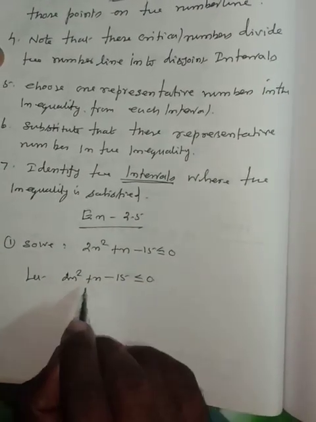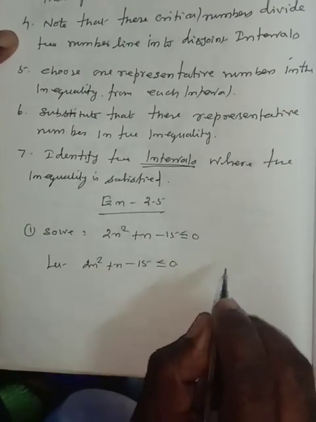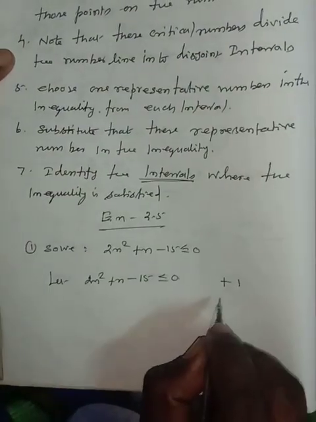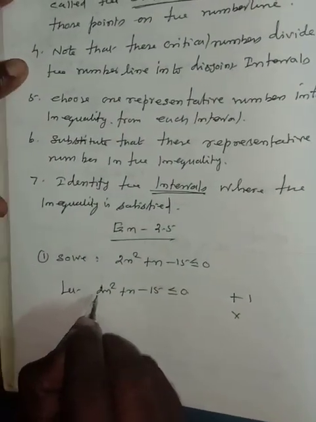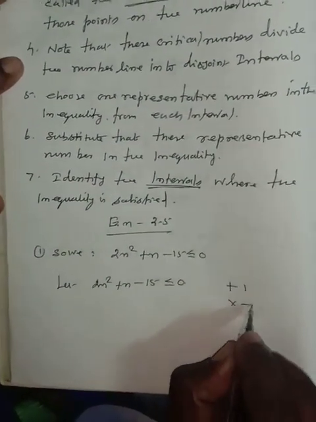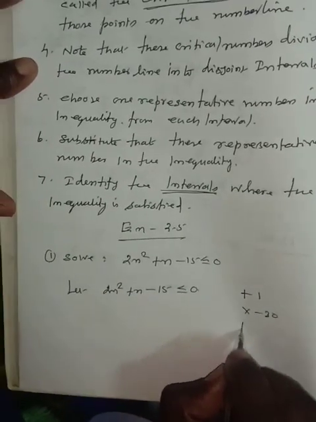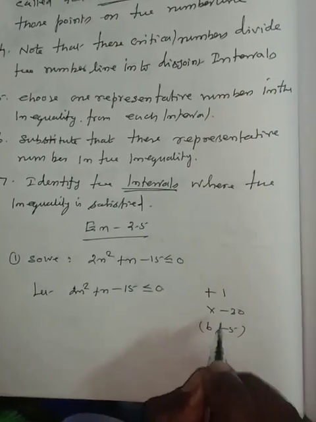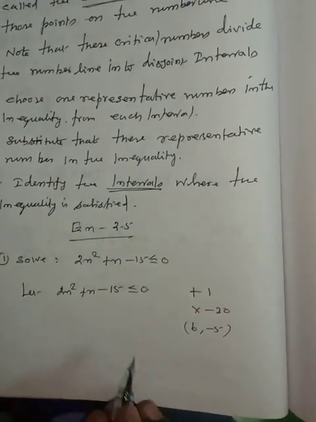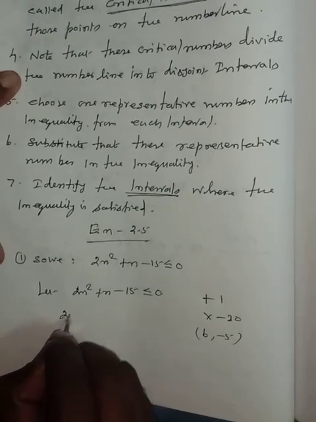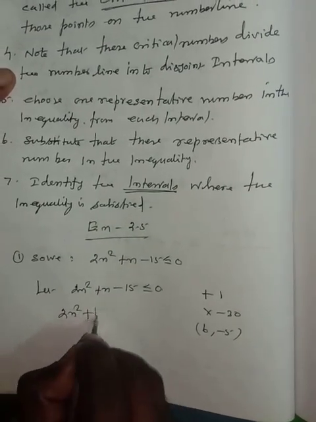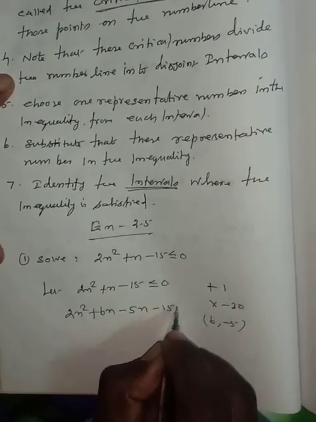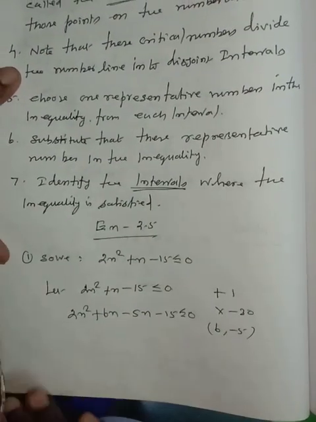Next, take two numbers; adding we get 1, that means 1x, and product gives −2 into 15, so −30. The numbers are 6 and −5. Adding these two numbers we get 1, product of these two numbers we get −30. So factorizing, we have 2x² + 6x − 5x − 15 less than or equal to 0.